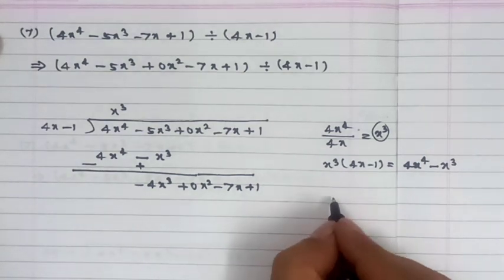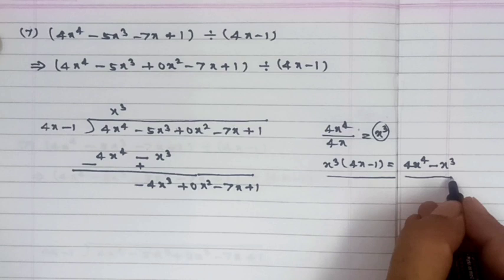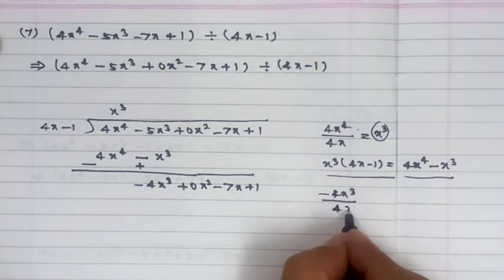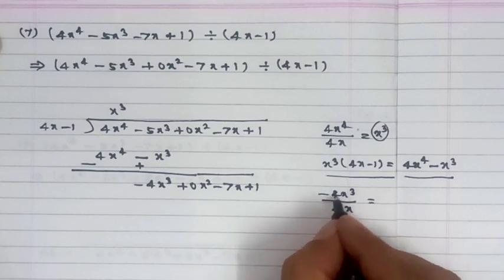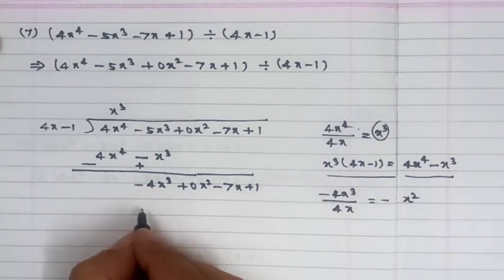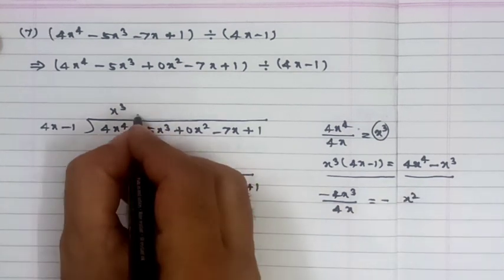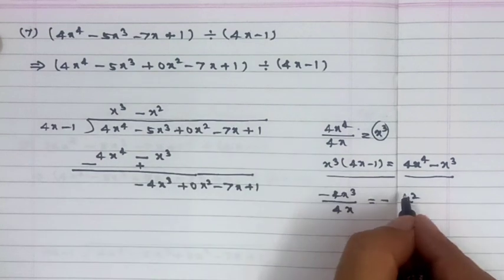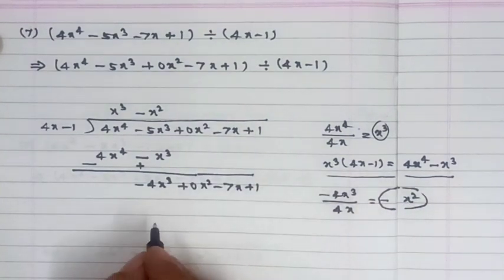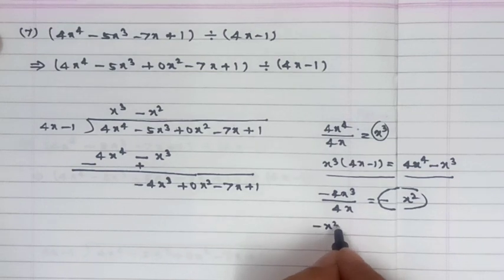Now this minus 4x cube you divide by 4x, 4 and 4 cancels, minus remains as it is, and x cube upon x gives you x square. So you will get minus x square. Write down here minus x square which you got here. After this, multiply minus x square to 4x minus 1.